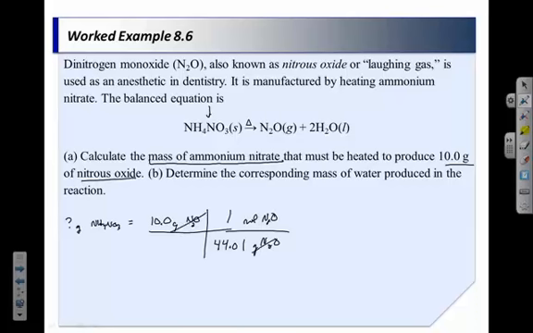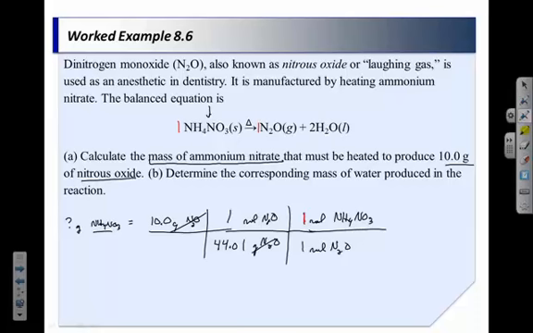So that gets me to moles of N2O, but the point is to get information about a different substance. The reason I'm converting to moles first is because I can use the coefficients in the balanced reaction. In this particular example, they happen to be 1 to 1. There will be many examples where they're not.